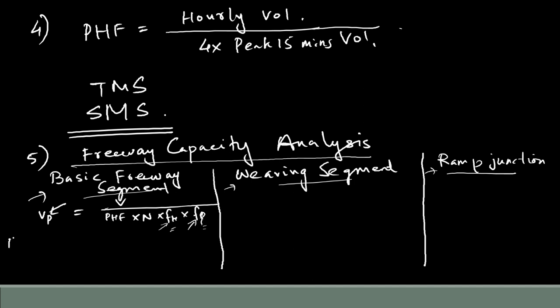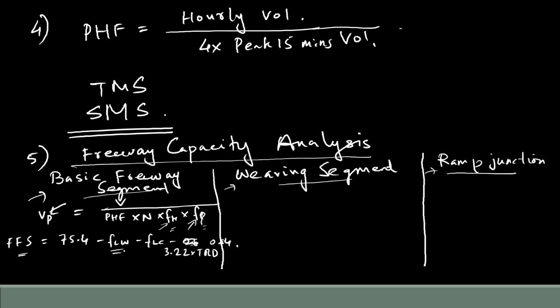And then you calculate the free flow speed. The free flow speed is 75.4 minus fLW minus fLC minus 3.22 times TRD to the power 0.84. You don't need to remember the formula, but the important thing is to remember what free flow speed depends on.